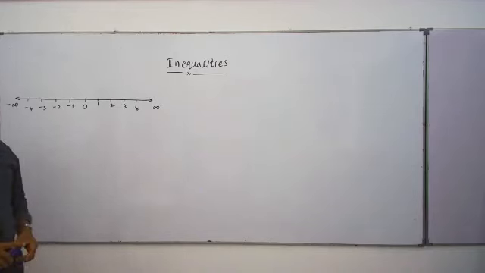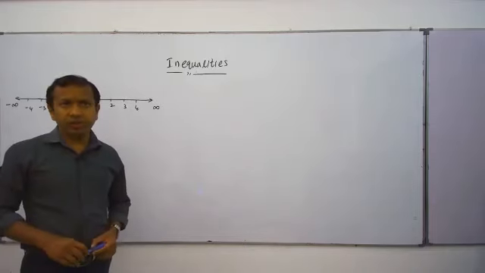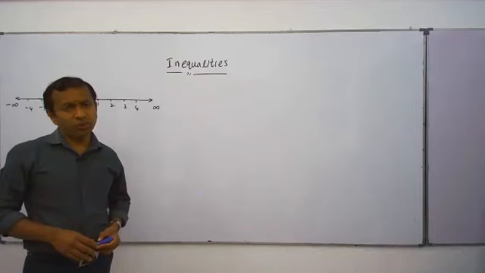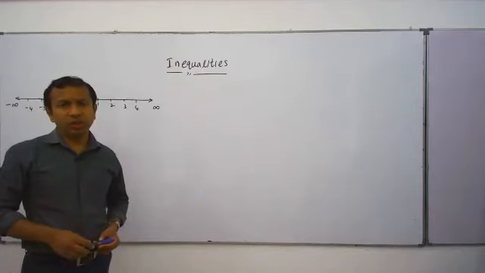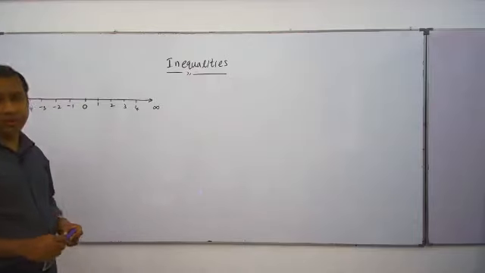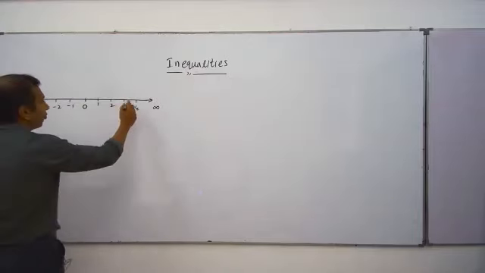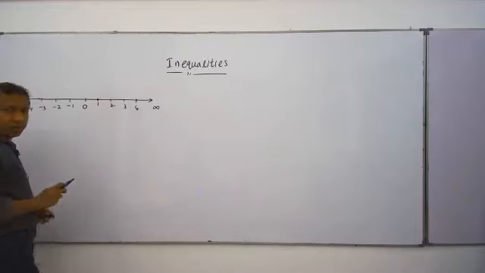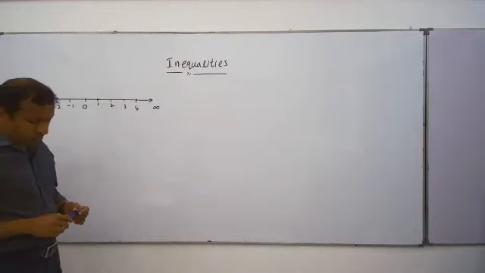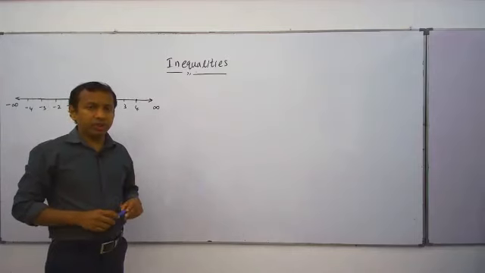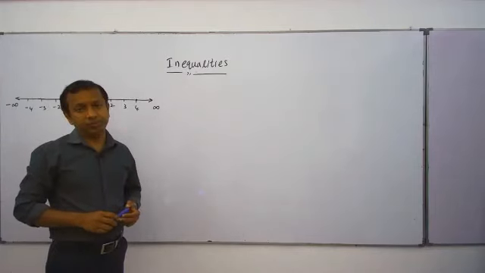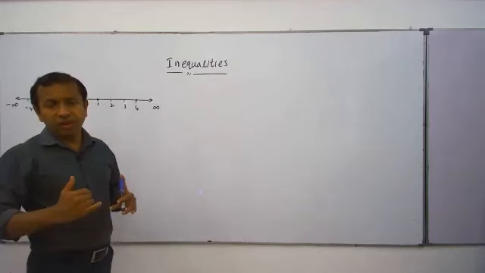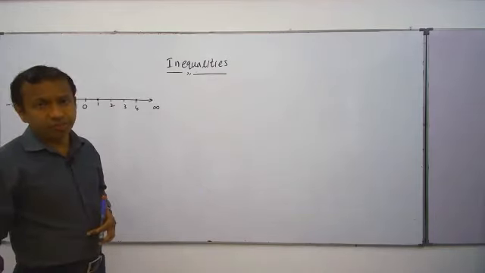The other thing is, when we take any two real numbers on the number line, I take this real number and this real number, the real number which is on the right is always greater than the real number which is on the left.